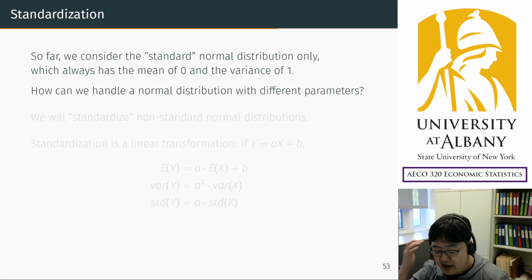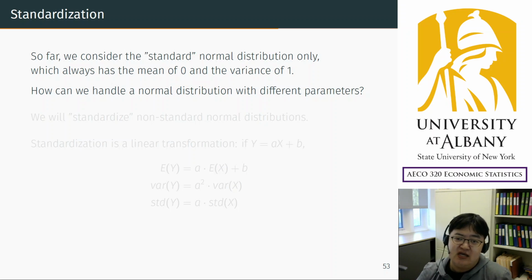That means if your normal distribution had a different parameter, like if the mean was not 0 or if the variance was not 1, then the standard normal distribution cannot be applied. So we are going to study how we can handle this problem, like a normal distribution in general, regardless of the parameter values.